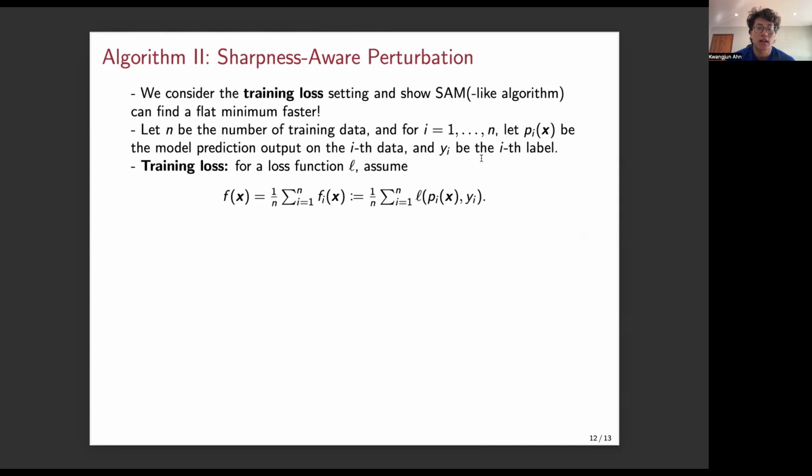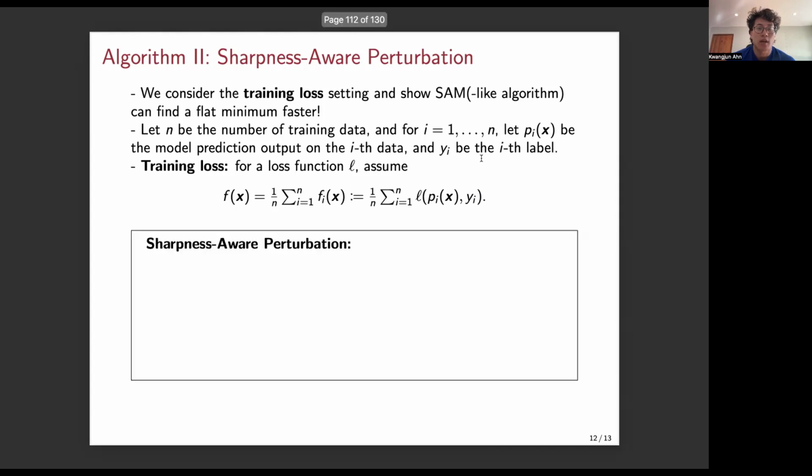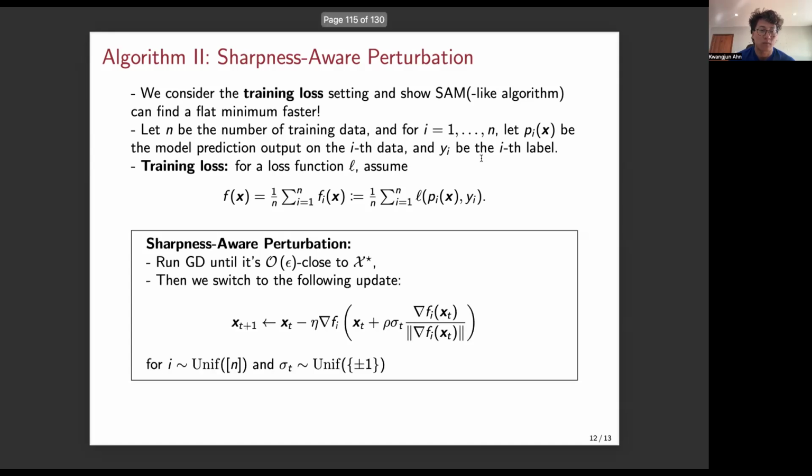Okay, under this training loss assumption, we consider this sharpness-aware perturbation algorithm, where we run gradient descent again until it reaches the small neighborhood of x star, and we switch to the following updates, where now we consider the stochastic gradients f_i at the points that's perturbed by the stochastic gradient direction.